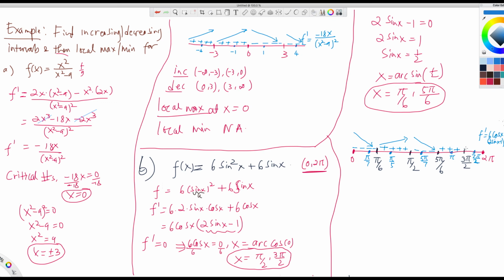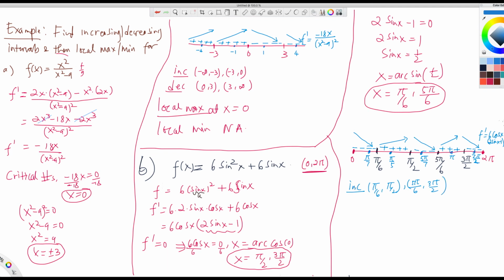So let me enter that 7 pi over 4 in my calculator for x. Sorry, it will be negative. Negative, negative, negative. So it is positive and then negative like this. Okay, so what do you see then? Increasing in the interval pi over 6 to pi over 2, and then 5 pi over 6 to 3 pi over 2.